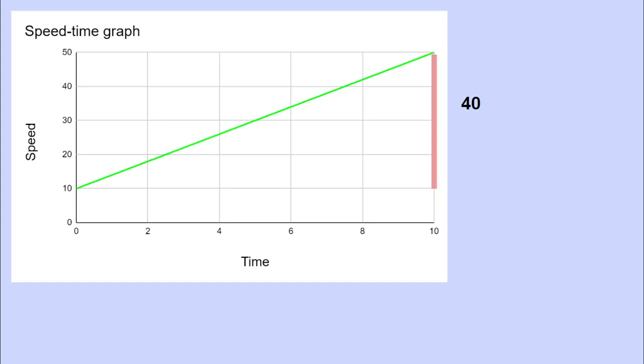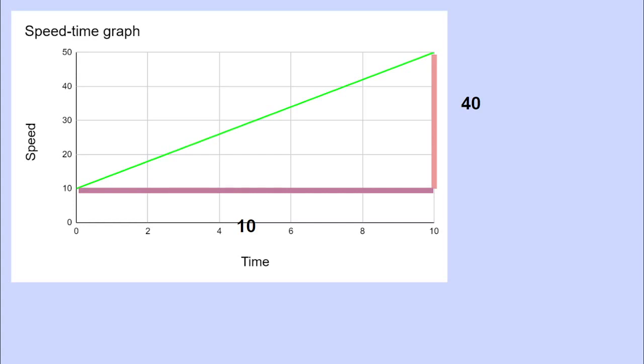In other words, we have got the final speed and subtracted from it the initial speed. 50 minus 10 equals 40. It looks like the height of a right-angled triangle. Here we would have the length of that right-angled triangle. How have we got 10? Well, 10 simply equals the total time t.